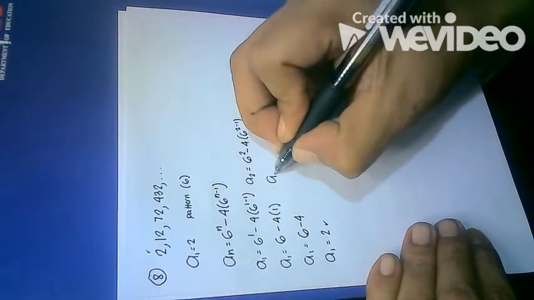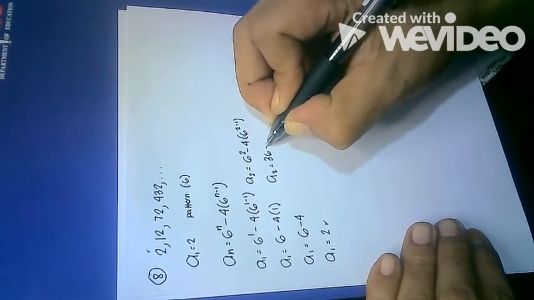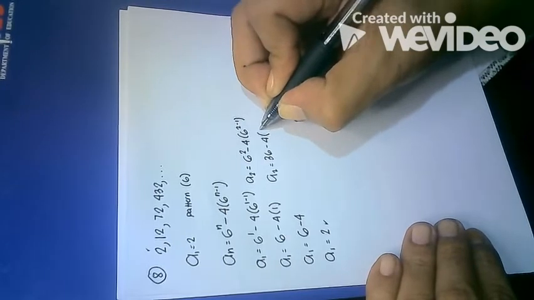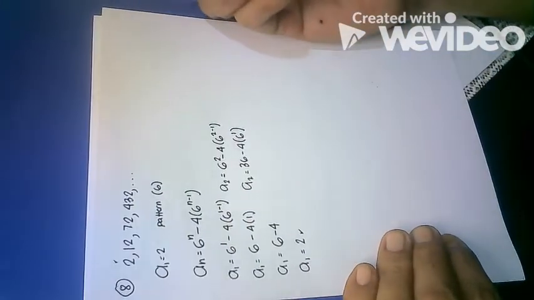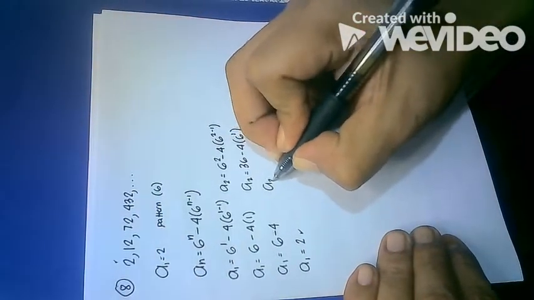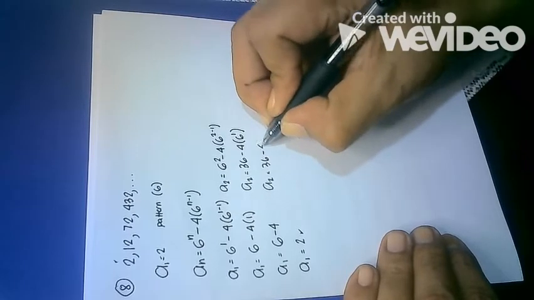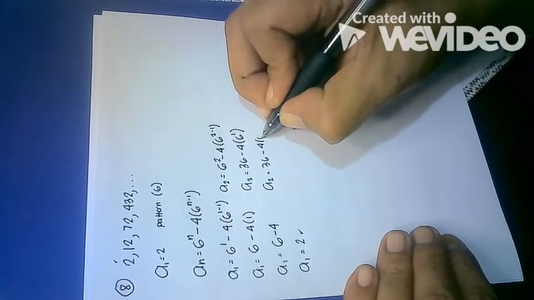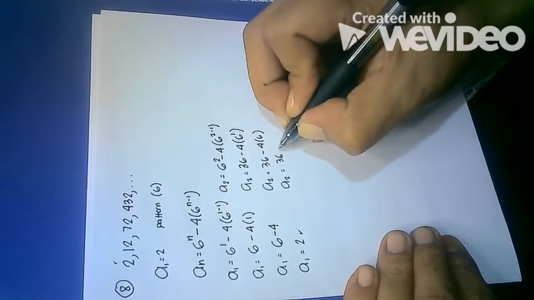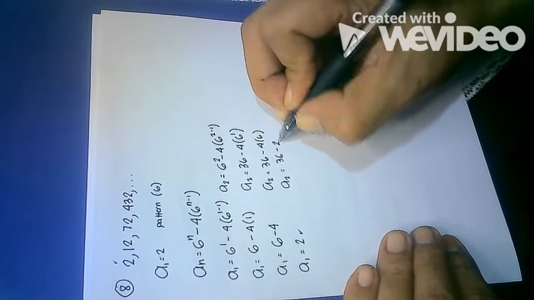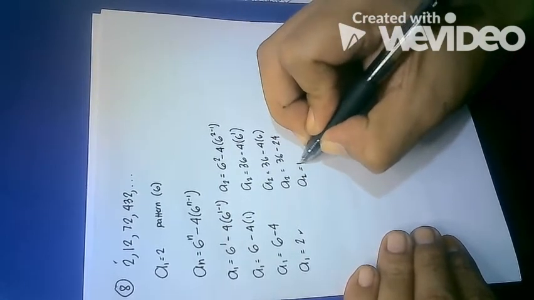So your a sub 2 now is equal to 6 to the 2, which is 36, minus 4 times 6 to the 1. And your a sub 2 now is 36 minus 4 times 6, and 4 times 6 is 24. Subtract, so a sub 2 equals 12.